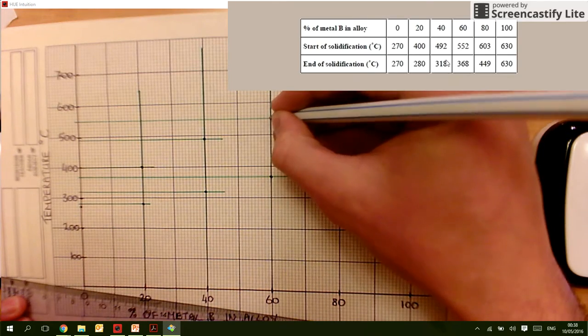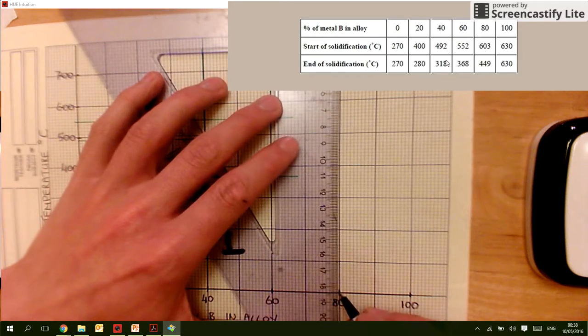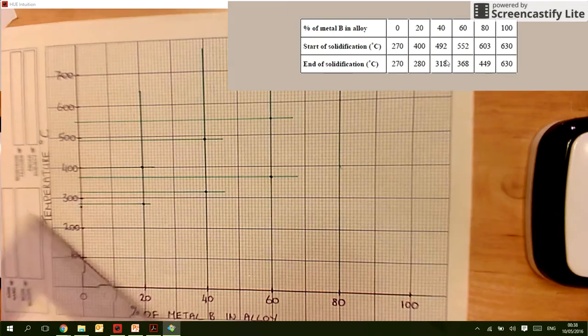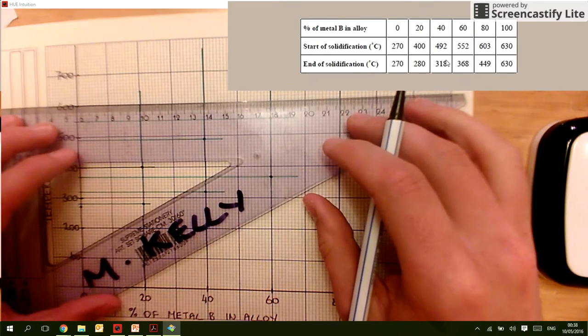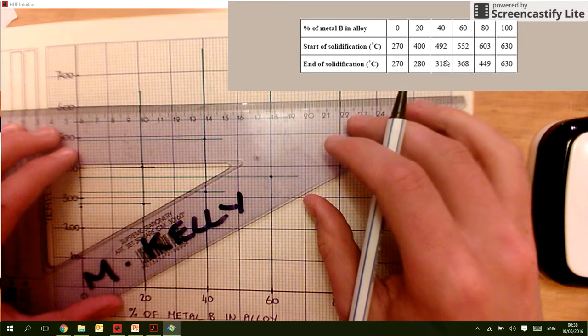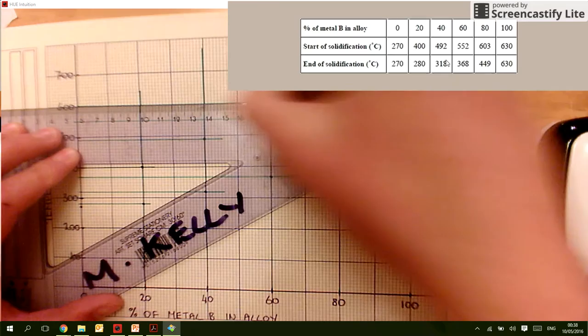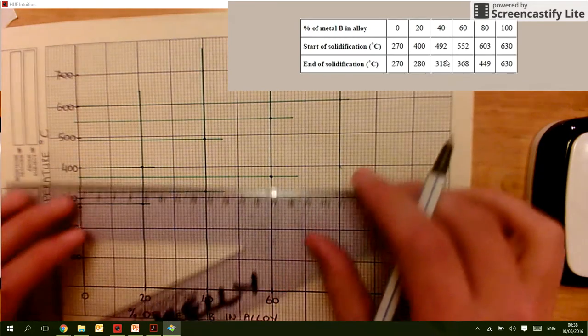The next 2 points, straight up from 80%. And starts at 603 and ends at 449.